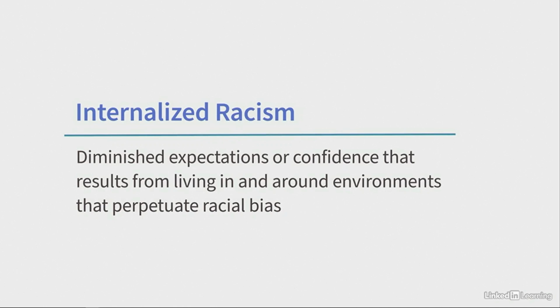Finally, internalized racism. It shows up as diminished expectations or confidence that result from living in and around environments that perpetuate racial bias. The scientists who developed Harvard's implicit association test clearly demonstrate that members of a disadvantaged group often hold biases against their own group.